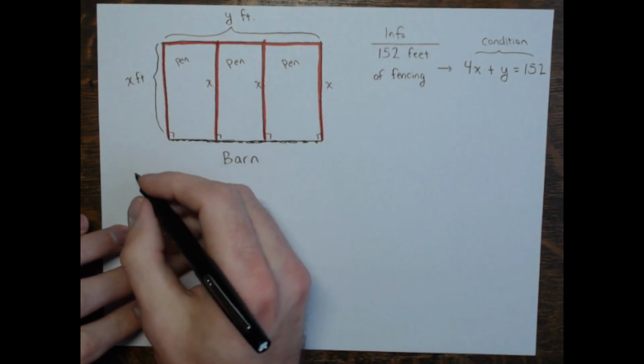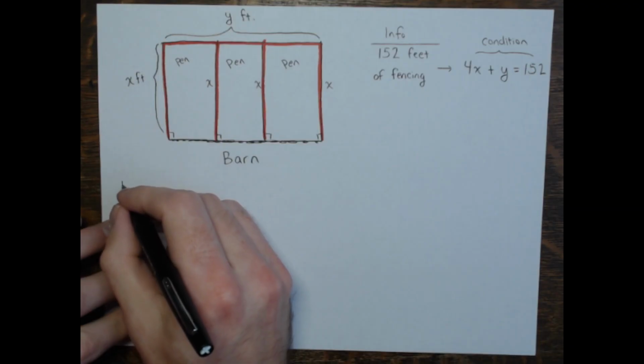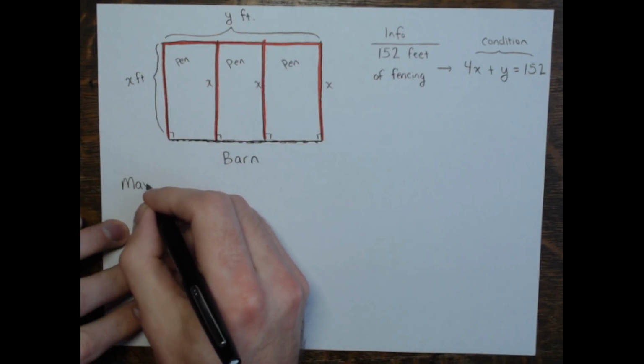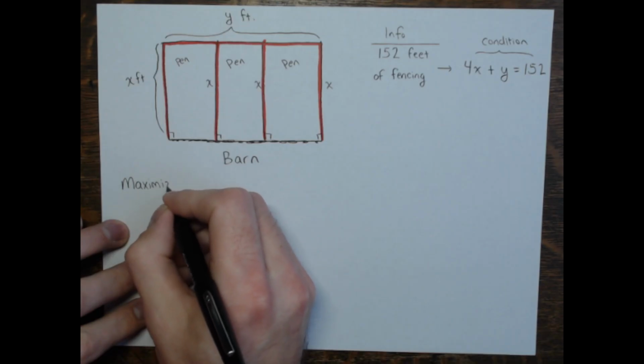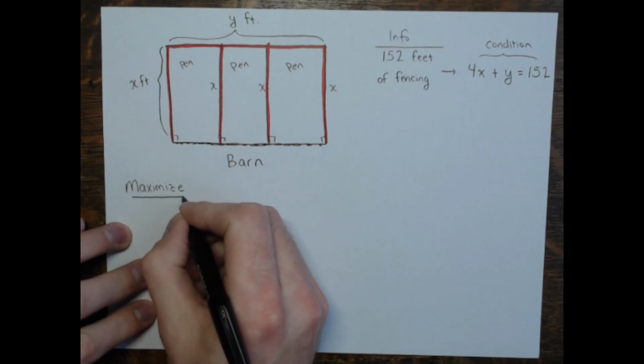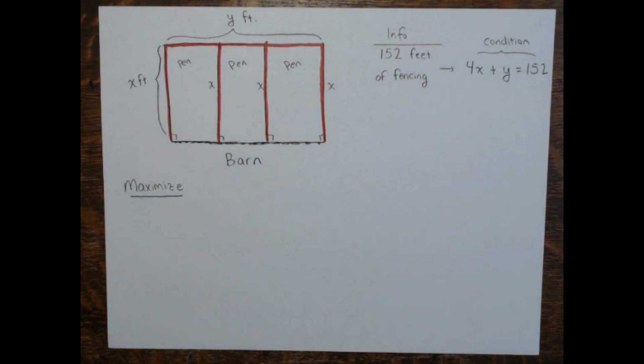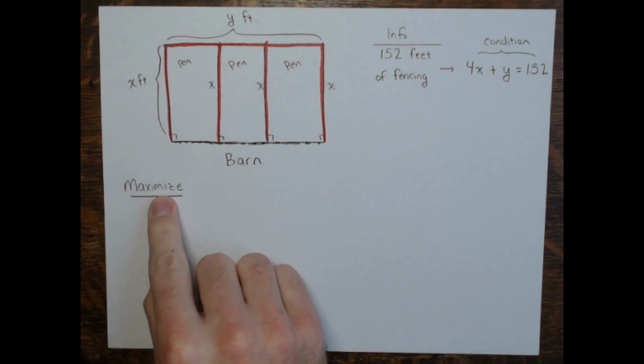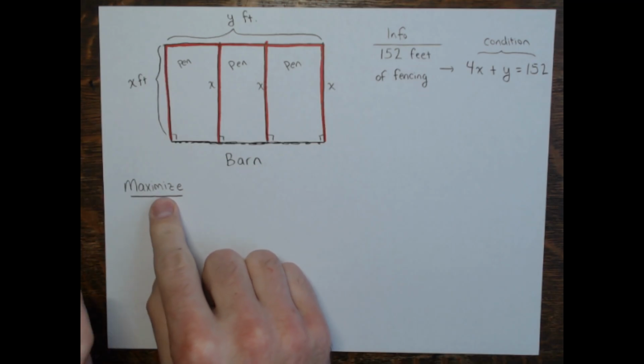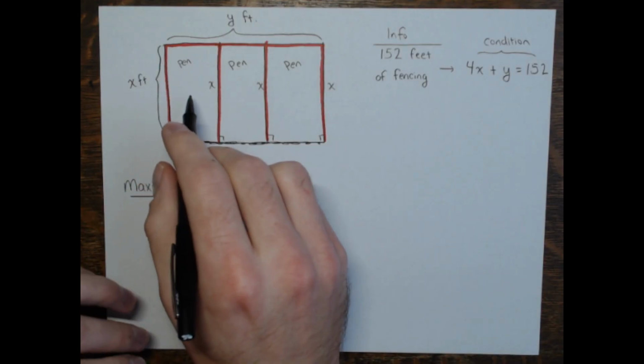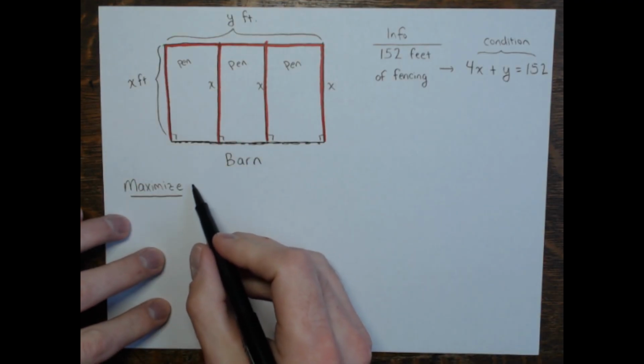All right, so what we're asked to do is maximize. So again, in all these optimization problems, you're going to be asked to maximize or minimize something. So the question was, what is the maximum possible area for one of these pens?